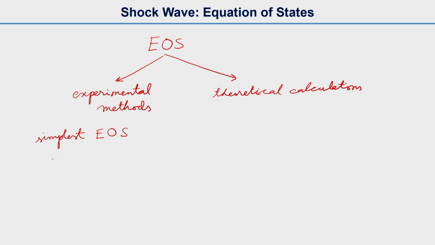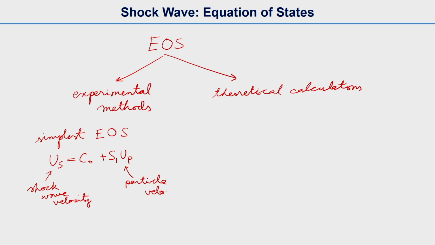the linear relation Us = C0 + S1 Up, where Us is the shock wave velocity that we already discussed, and Up is the particle velocity.